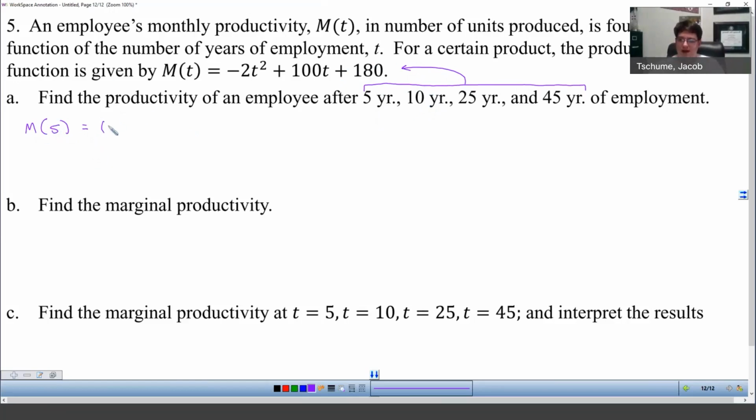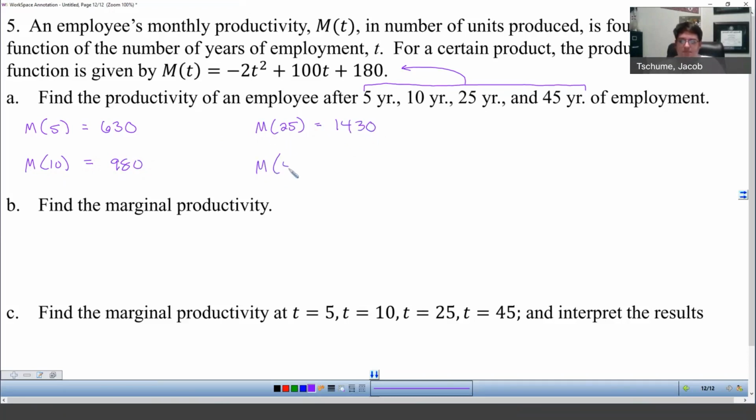So when I plug 5 in, I got 630 units of productivity. If I plug 10 in, I got 980 units. If I plug 25 in, I got 1,430.